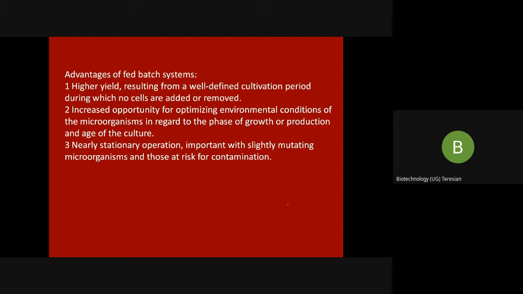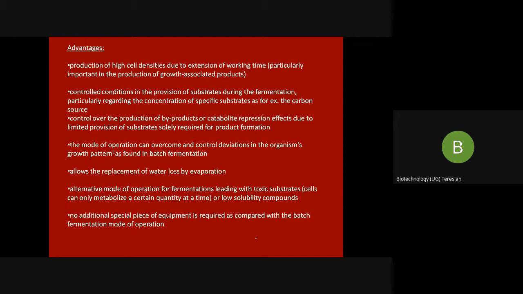Nearly stationary operation is important with slightly mutating microorganisms and those at risk of contamination. So mutated microorganisms, or microorganisms which can lead to contamination, can be brought under control by using fed batch systems. It also gives production of high cell density due to the extension of working time.